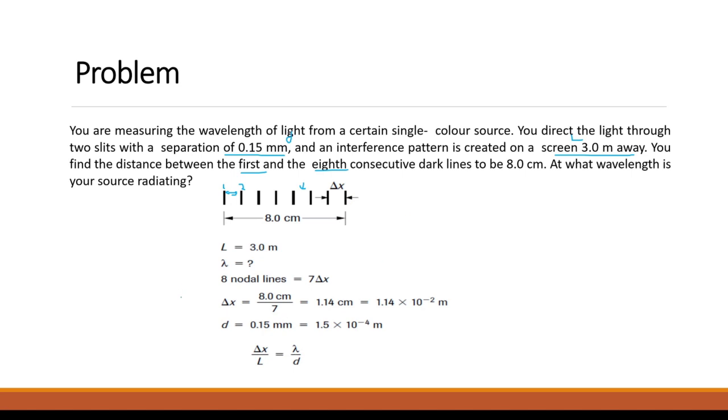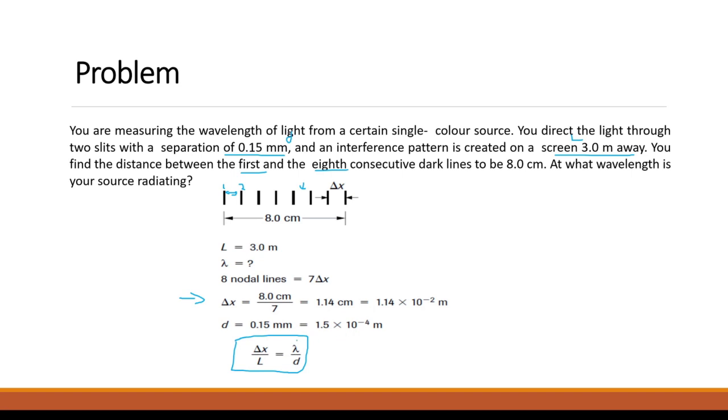And so we take our delta x is equal to this total length divided by the number of equal spaces, 7, and we have 1.14 centimeters as our delta x. Now we want to convert this to meters, to make everything consistent, because we're going to be working with this formula down here.